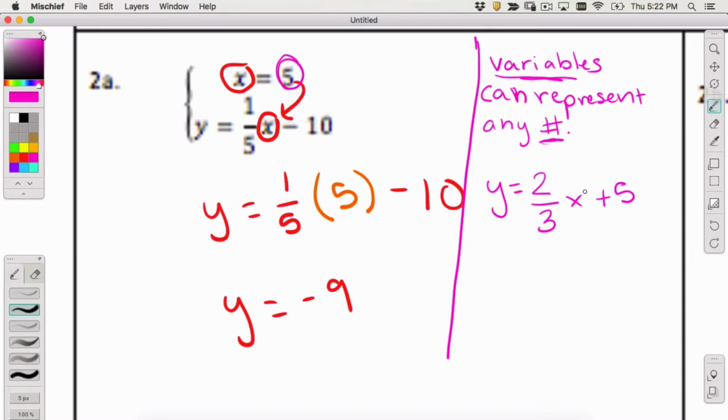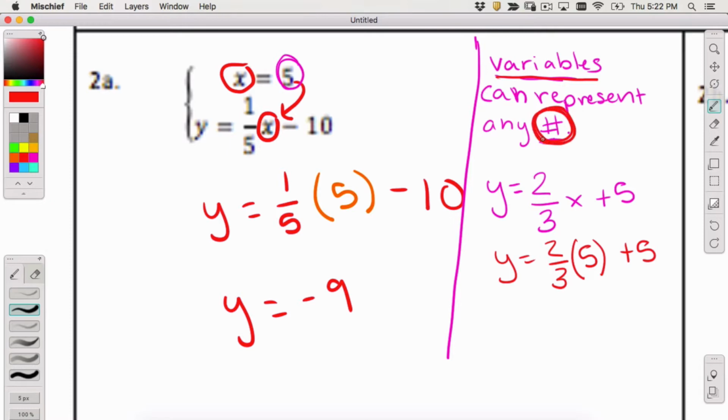I can still substitute that 5 in for x and solve for my y. May not be very pretty, but you can do it. So y equals 2/3 times 5 plus 5. Simplify. You get 10 over 3 plus 5. That's not going to look pretty, but you get the idea that regardless of what equation that is, variables represent a number. They literally equal it.